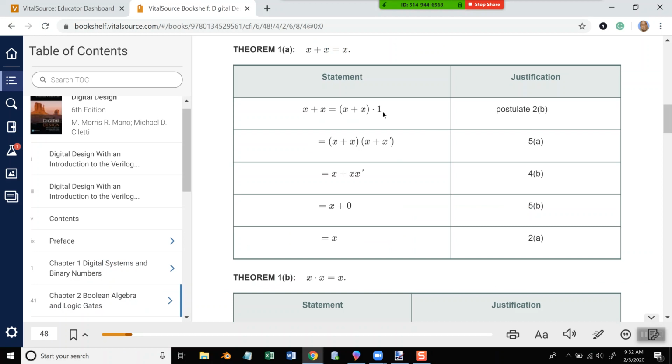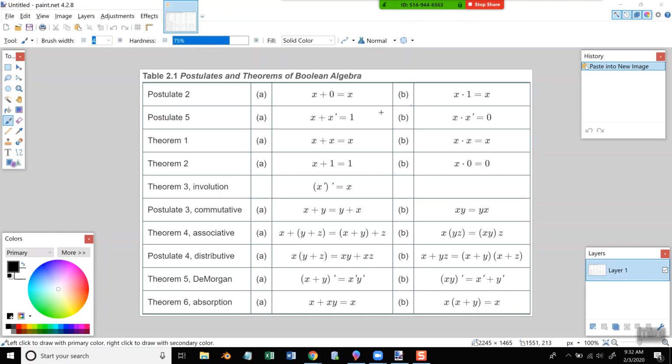Then we look for something where this 1 is equal to. Well, from postulate 5a, 1 is equal to x or not x. Again, x plus not x. Or there's another one down here, theorem 2a, where 1 is equal to x plus 1.